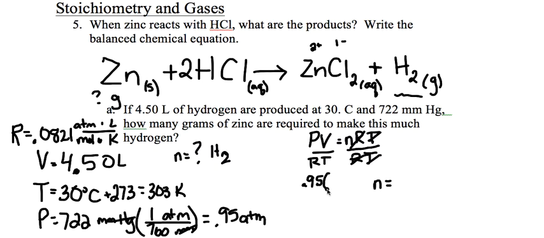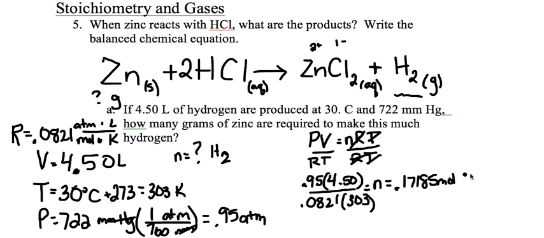I'm not going to put the units in there, I'm just going to put my numbers, because I already checked the units match: 4.50 liters, divided by the constant, 0.0821, divided by the temperature, 303, should be equal to my number of moles. When I plug all that in, I get 0.17185 moles of H2.